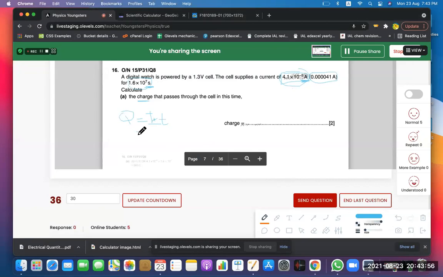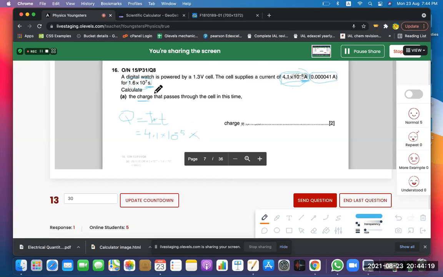So I can write here. We first have to write the current, that is 4.1 into 10 to the power minus 5. That's the current, multiplied by the time t. It's written in the formula.